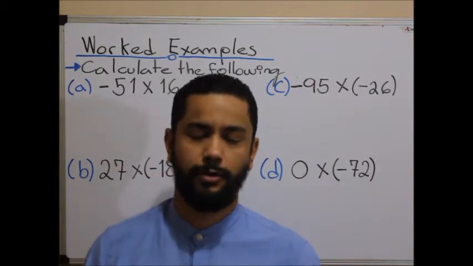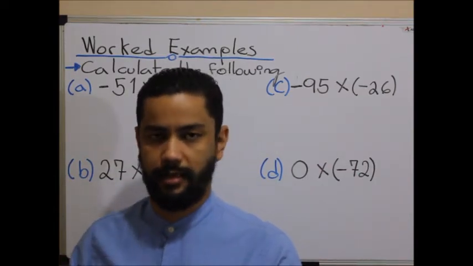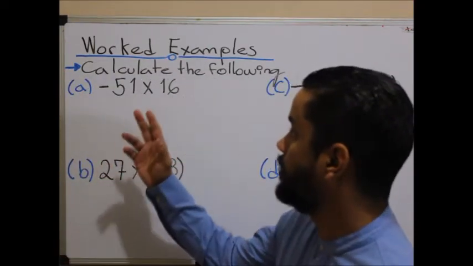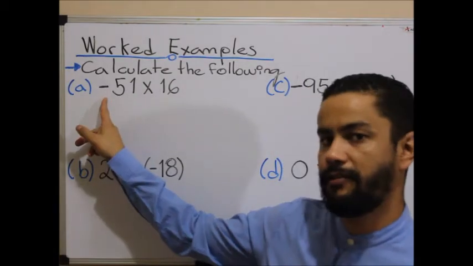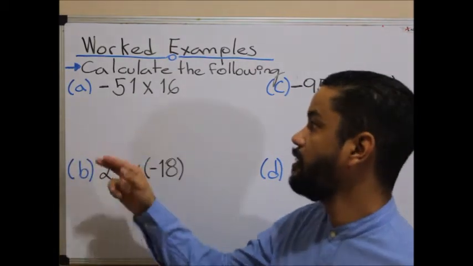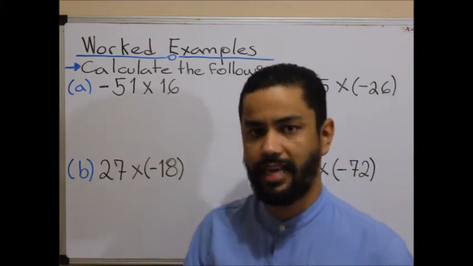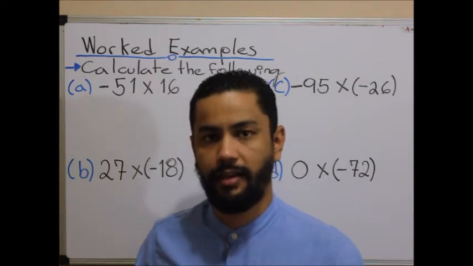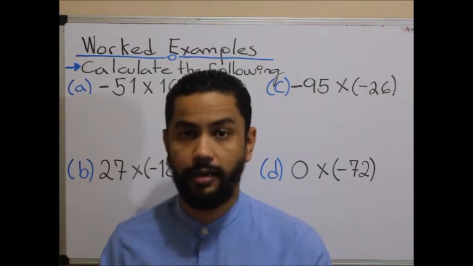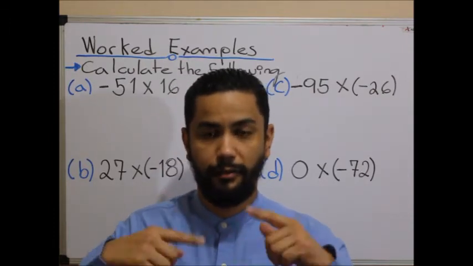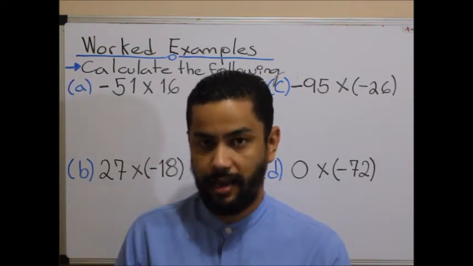Okay, hello guys. We're going to work with this example before making the exercises that you have to do. So let's see this. Calculate the following. Here on this example we're having negative 51 times 16. So the 51 is negative and the 16 is positive. What does that mean? That means that we're having there just one negative, and according to the rules that we already wrote, when we have different signs, we're going to copy as answer a negative sign.